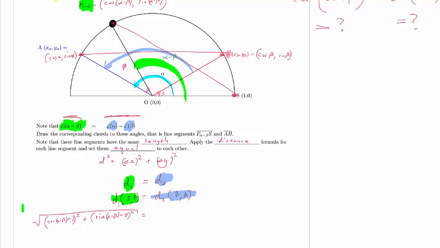Okay. Go ahead and press pause and try to find the distance for this one right here, if you can, and then unpause it to see if you got it right. All right, so right here, we're going to look at the change in x between B and A. So we look at what's going on at A, that's cosine alpha. And what's going on at B, that's simply cosine beta.